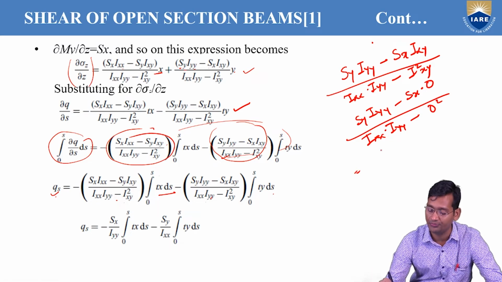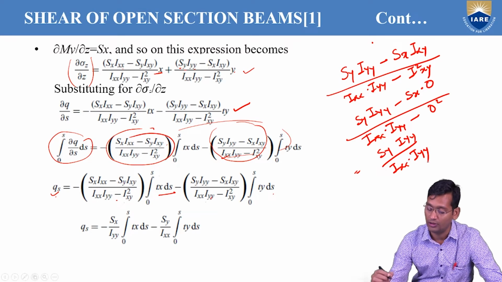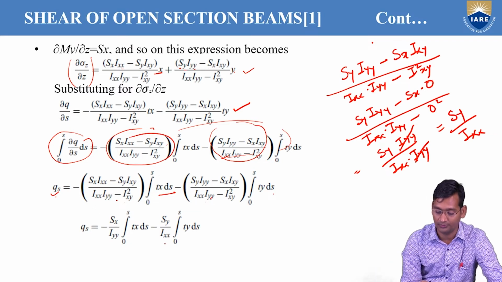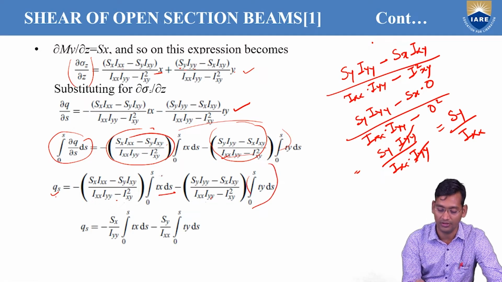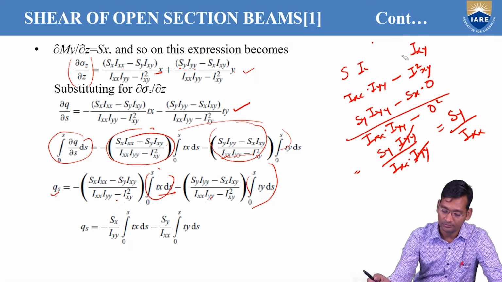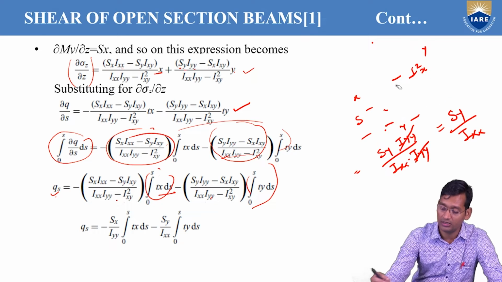So this gives sy iyy by ixx into iyy. From here iyy gets cancelled, and we get sy by ixx. So we have the integral of 0 to s tx dx minus sy by ixx, 0 to s ty dy ds. Just this integration. Clear? So now we have up to this one.